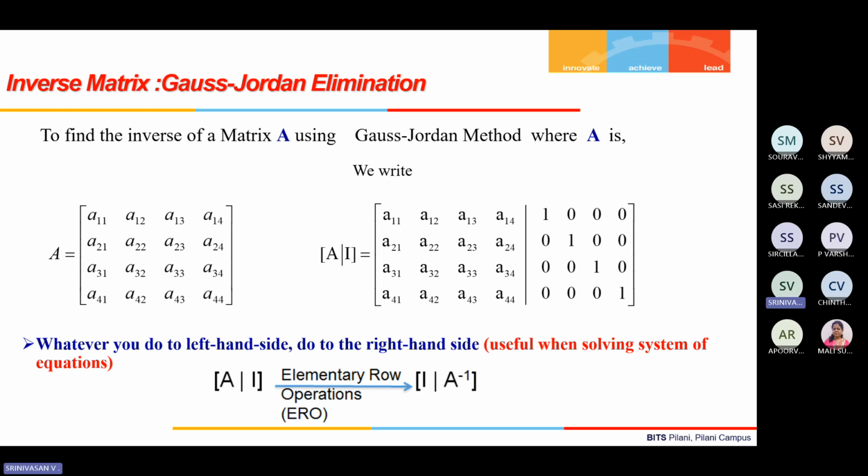Remember, as I have been emphasizing, if the question is to find the inverse of a matrix, you are at liberty to find inverse by the usual method that you may be aware of, which you have studied in your school days. Nothing but 1 by determinant A into adjoint A, where determinant A is not equal to 0. That is all you have studied.